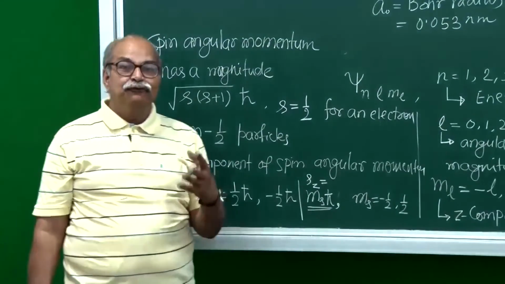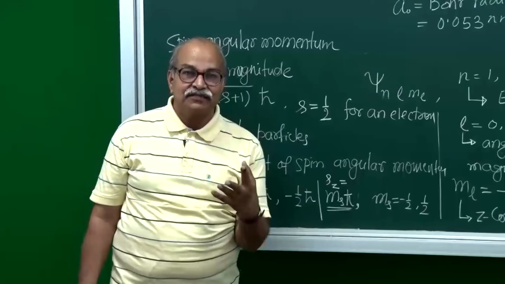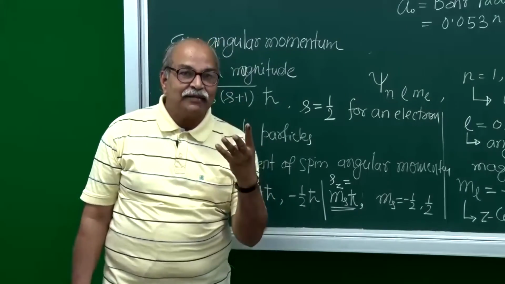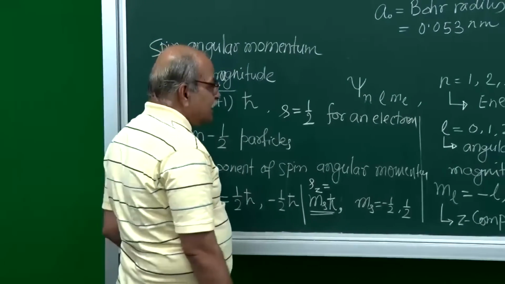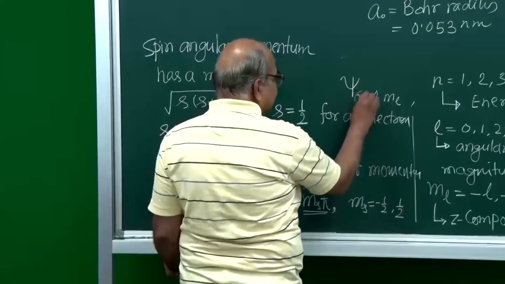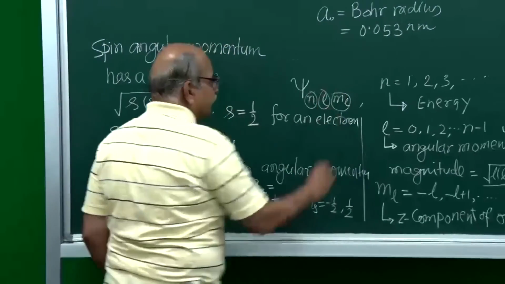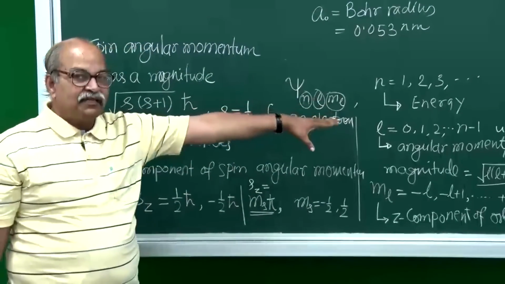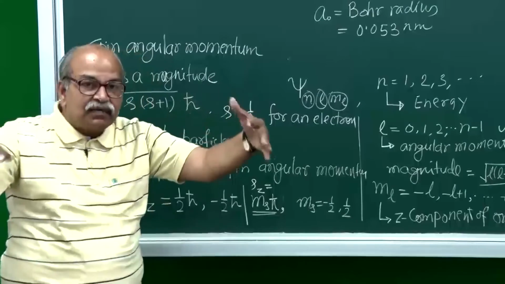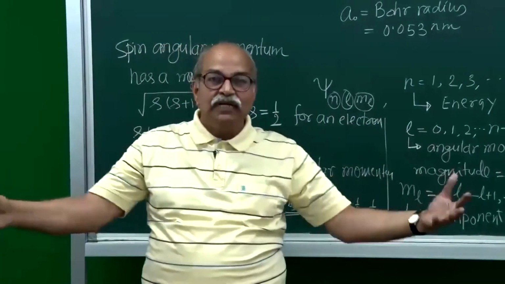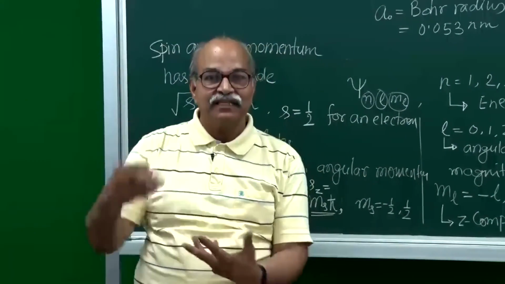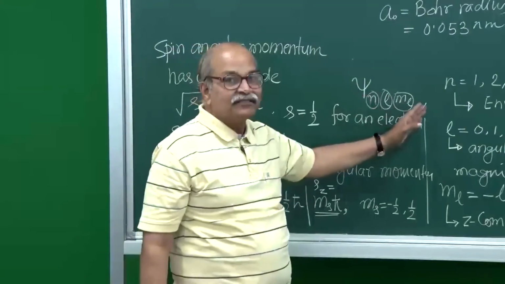So now you have 4 parameters: N, L, ML, they are there. If you give these 3 parameters, the behavior corresponding to the space part, x, y, z, is fixed from here.